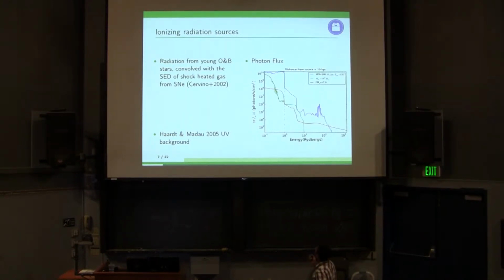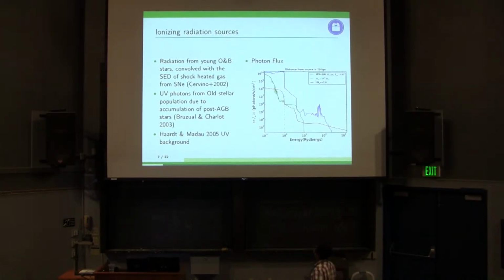And Cervino 2002 showed in their paper that if you imagine that 5% of the mechanical energy of the supernovae is converted into thermal and cooled, then you get this blue SED, which has a UV flux from the O and B stars convolved with the X-rays from the supernova shocks. That's one local radiation source that I use.